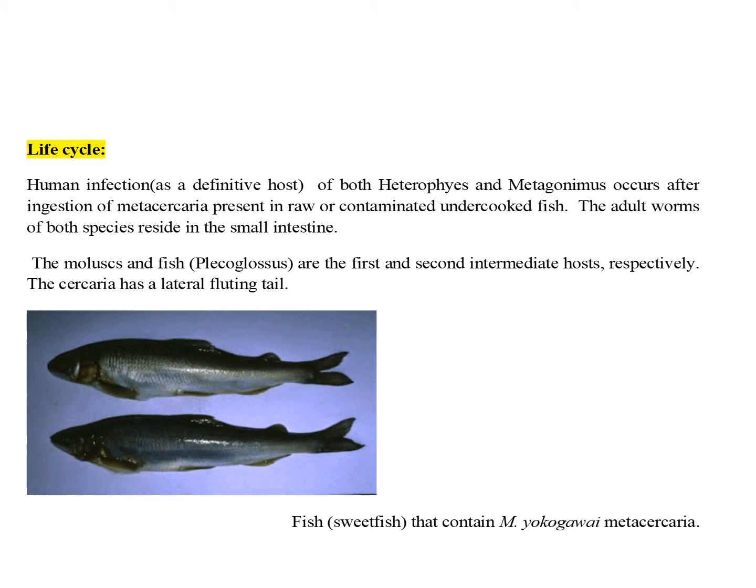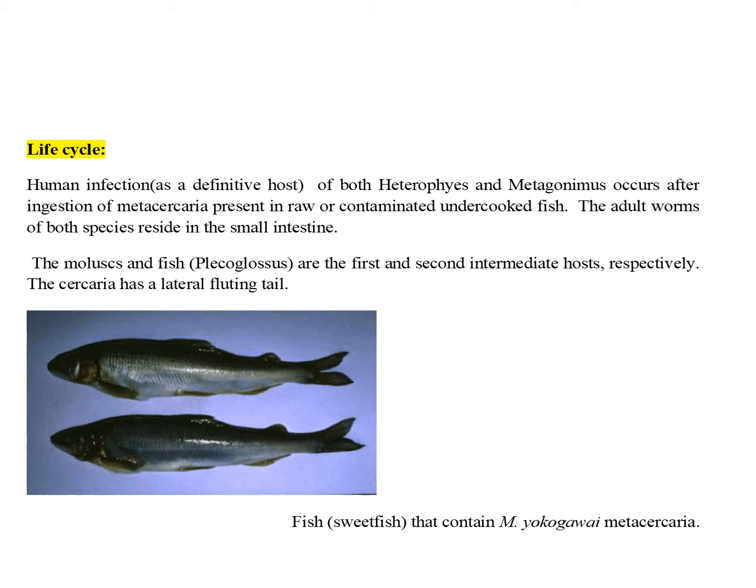This slide shows you the life cycle of Metagonimus yokogawai. Human infection as a definitive host, and other mammals can be infected. How can the infection occur, for both Heterophyes and Metagonimus yokogawai? It occurs after ingestion of metacercariae present in raw or undercooked contaminated fish.